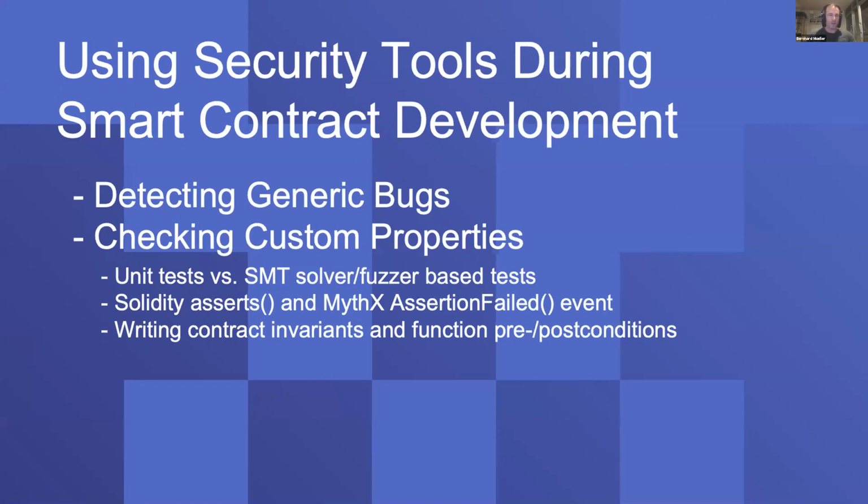In this part, we will learn how to leverage the fuzzer and SMT solver that's built into MythX to check assertions and find counterexamples to assertions and expressions or properties that we expect to hold. And we look at different ways of doing that, including invariants and checks on functions that have pre and post conditions.